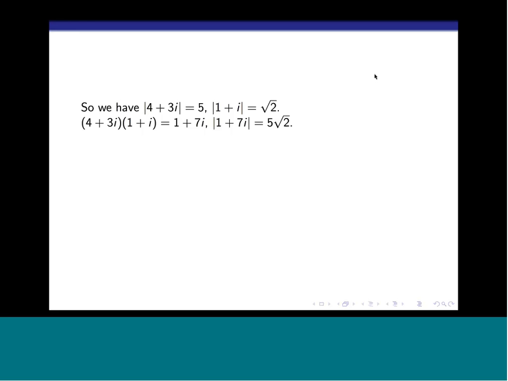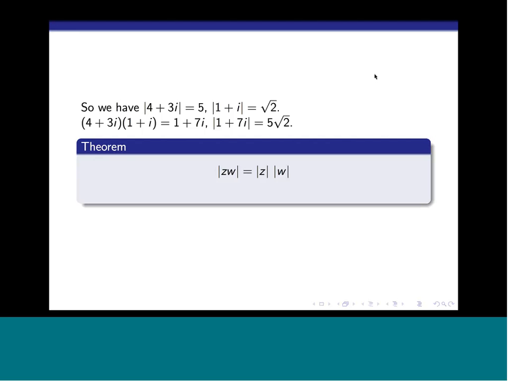So you can see the modulus has this so-called theorem: the modulus of z times the modulus of w is the same as the modulus of zw. Or if you like, the absolute value of zw is equal to the absolute value of z times the absolute value of w, right?